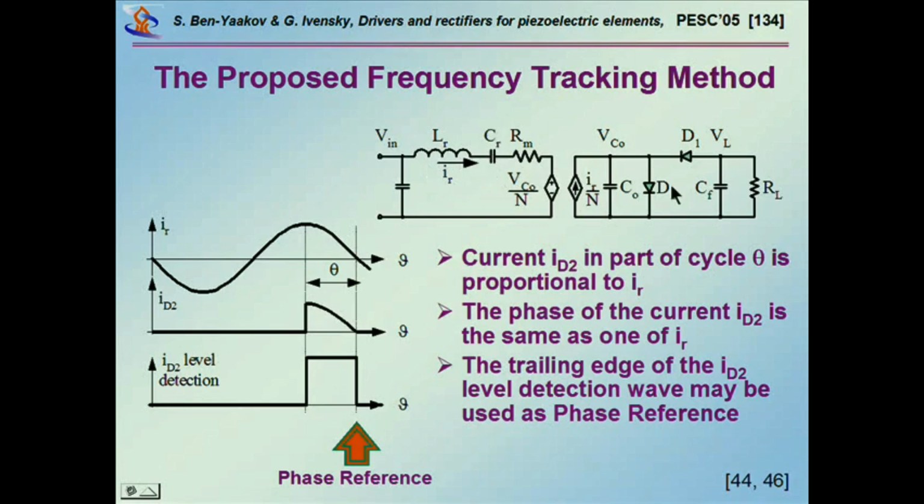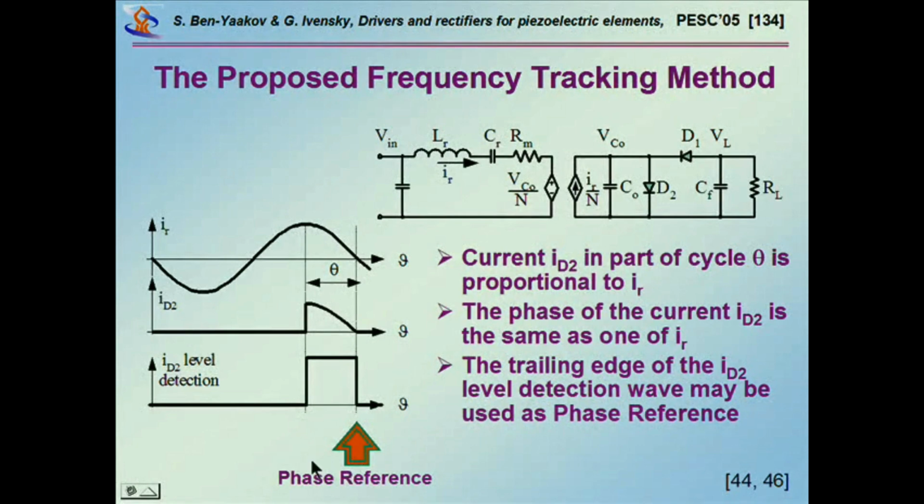However, if you have a doubler, fortunately, part of this current is coming off here. So if you look at the diode current, here it is, you are basically sampling the current in this branch.